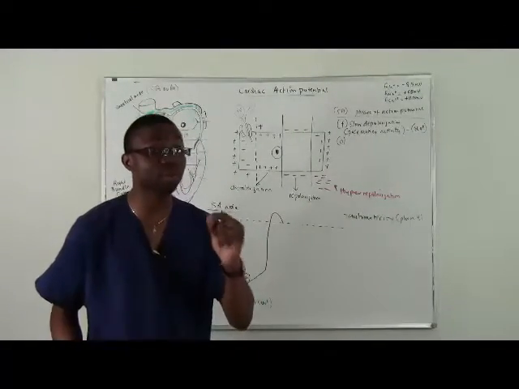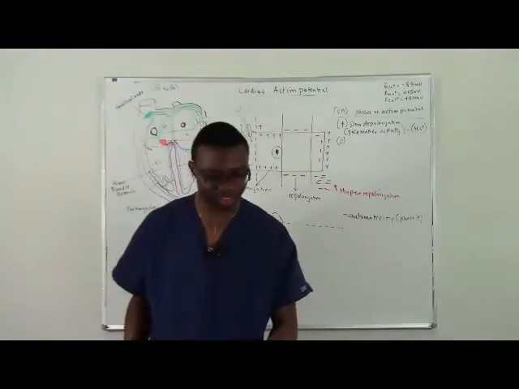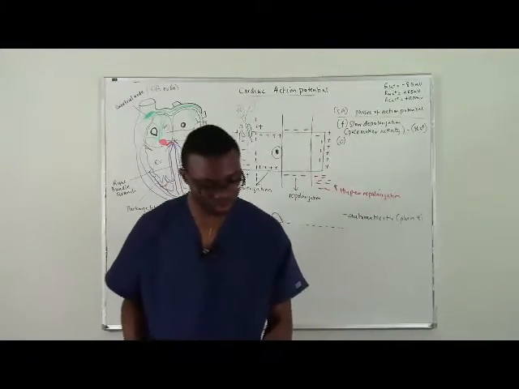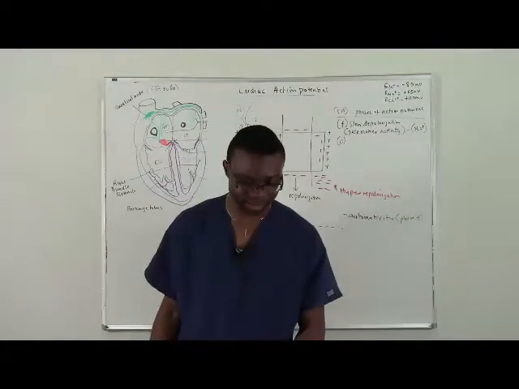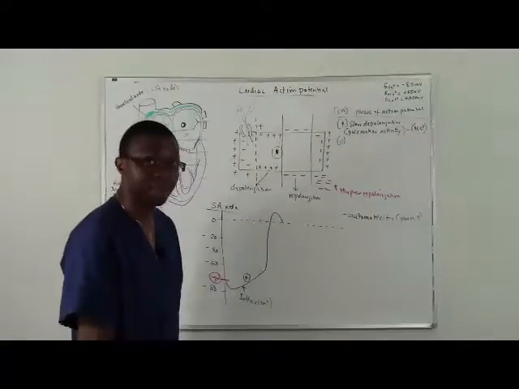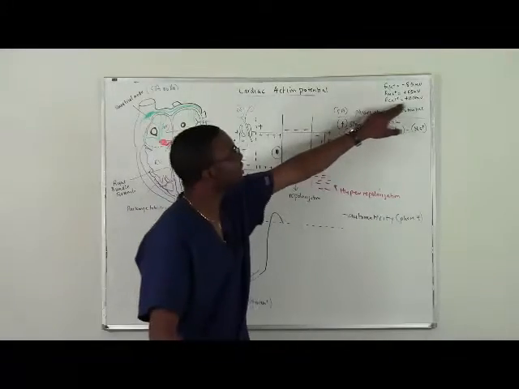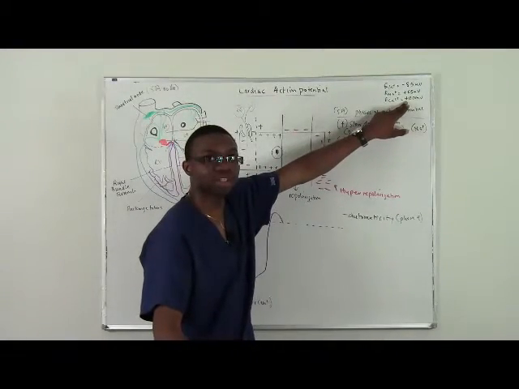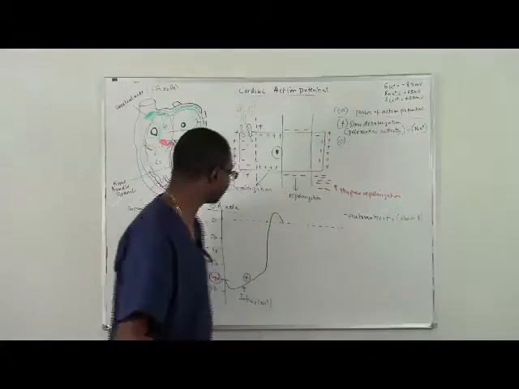It is very important that you realize that in order for us to get that upstroke potential of an SA node, we are going to need the increased inward calcium current, which is going to drive the membrane potential of this cell towards calcium's membrane potential, which is positive 120.